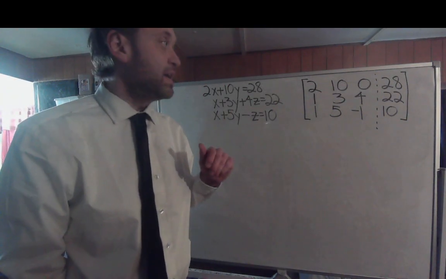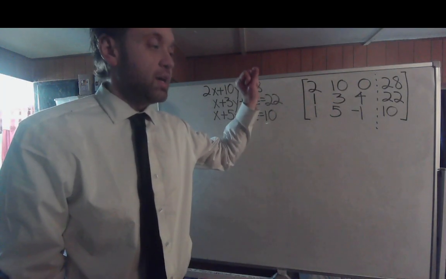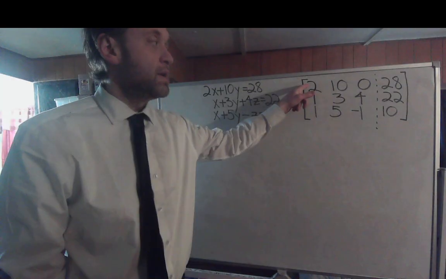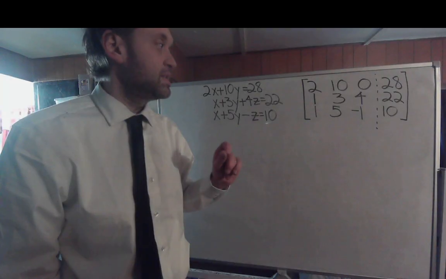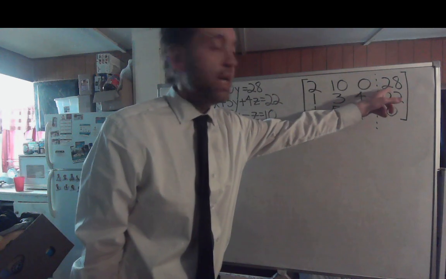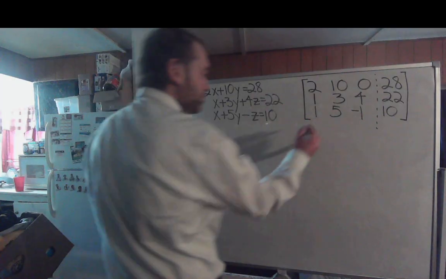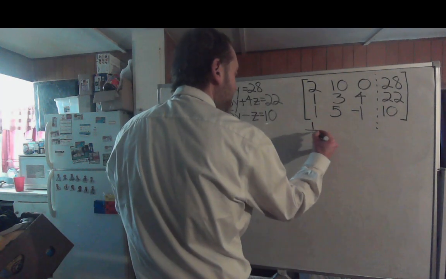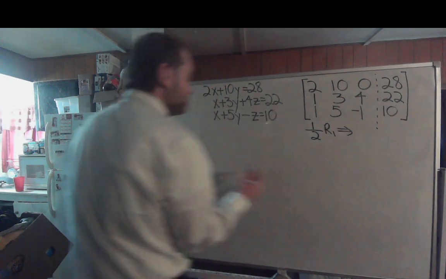Well, let's look at the top equation. If we can, we want to make the leading digit again in the first row a 1. But we don't need to swap rows, because if we look here, 2, 10, 0, and 28 all have a common factor of 2. We can fix the top row by simply taking 1/2 of row 1 and coming up with a matrix right there.